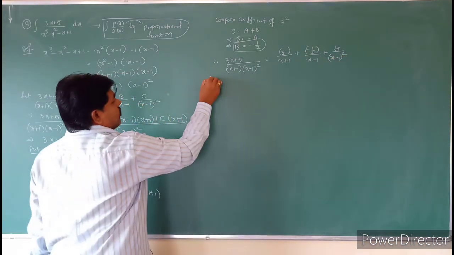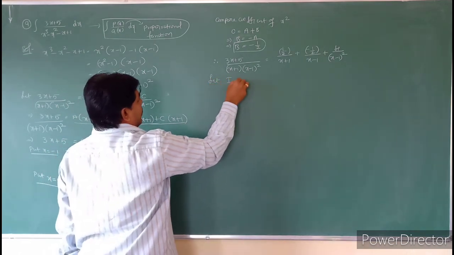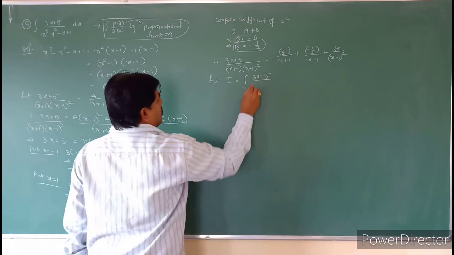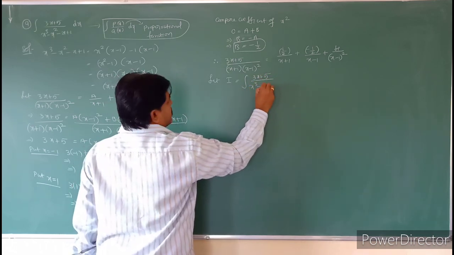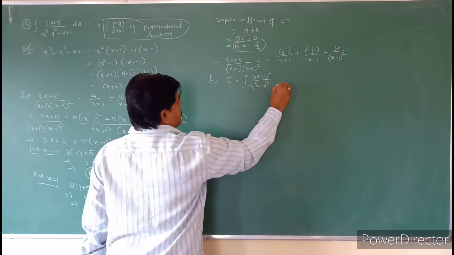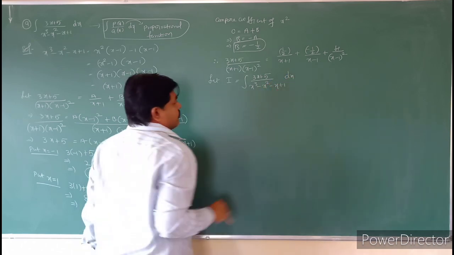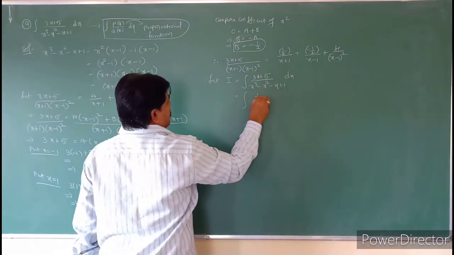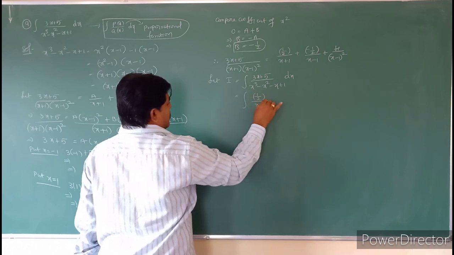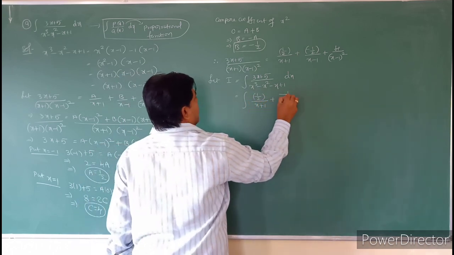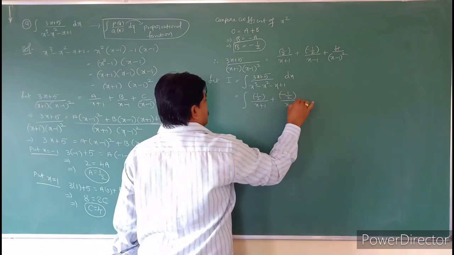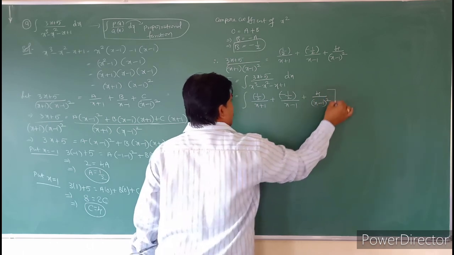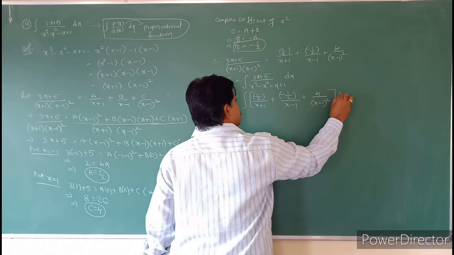Let I be equal to the integral of (3x plus 5) by (x cube minus x square minus x plus 1) dx. This can be written as 1 by 2 by x plus 1 plus minus 1 by 2 by x minus 1 plus 4 by (x minus 1) whole square, into dx.